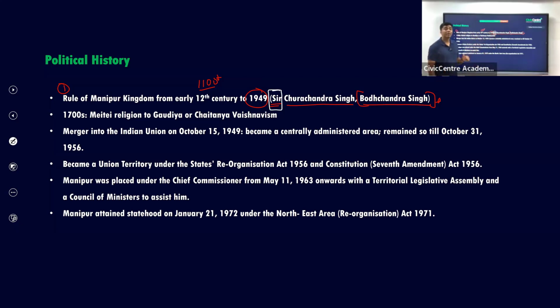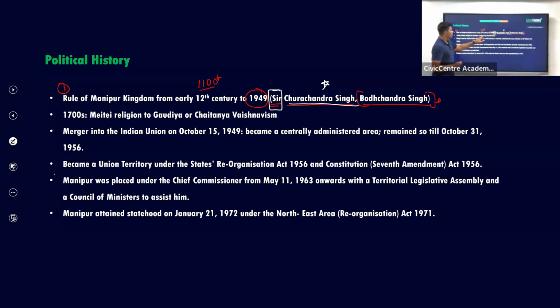That title is given by whom? British. That shows that Chura Chandra Singh, either Manipur was into a subsidiary alliance or he was given certain titles like a knighthood or this crown, that crown by the British. So they were friendly with the British. That you should understand. The rulers were friendly with the British, like Hyderabad, which later became a subsidiary alliance.